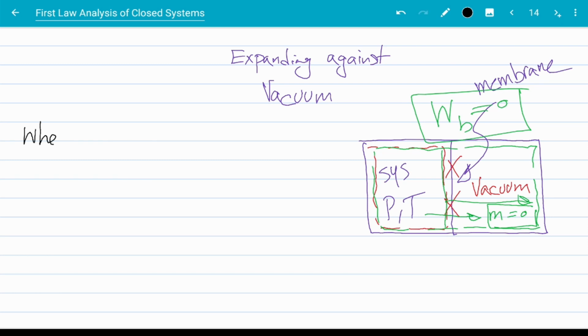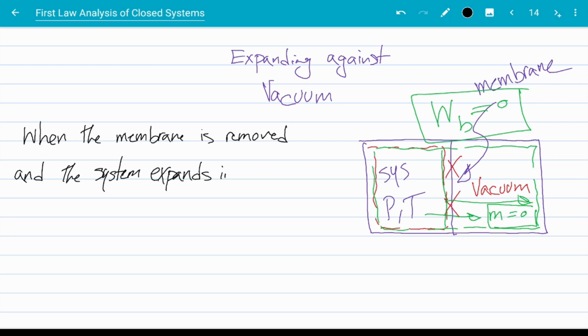So when the membrane is removed and the system is allowed to go into a free expansion into vacuum, or against vacuum, no boundary work is happening.